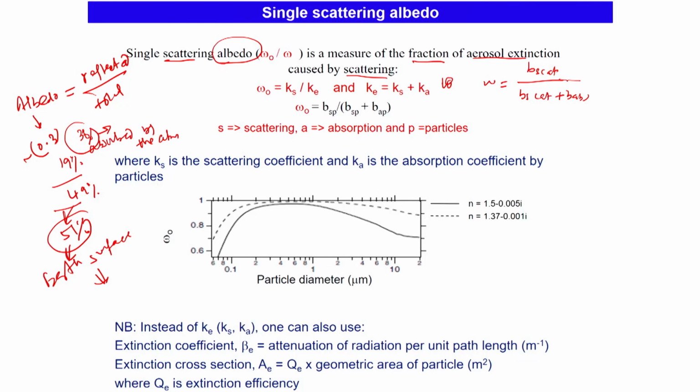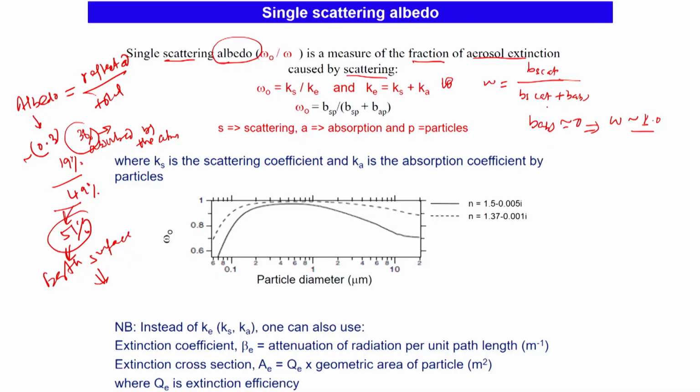Now consider the two situations. When V absorption is nearly 0, omega will be very close to 1, because you have mostly scattering type of aerosols. This is the condition when you don't have black carbon species in the atmosphere.